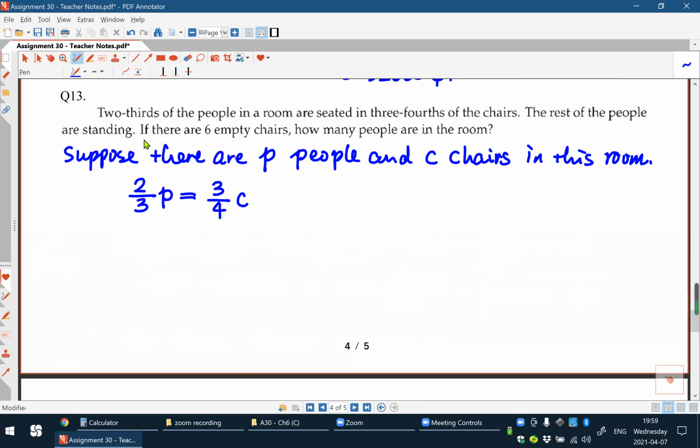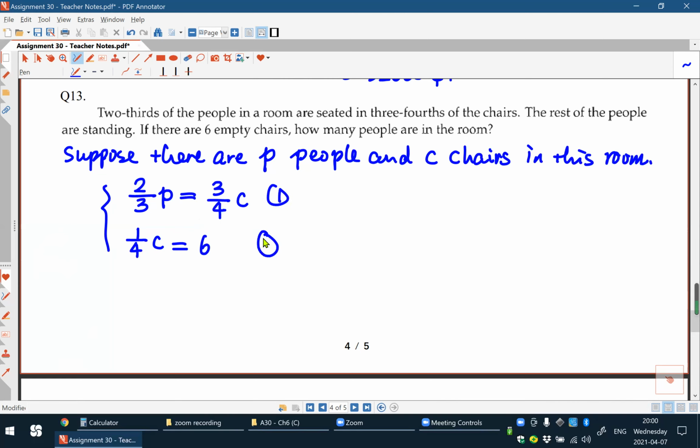We know that there are 6 empty chairs. 6 empty chairs is 1/4 of the total number of chairs, right? So 1/4 of C equals 6.